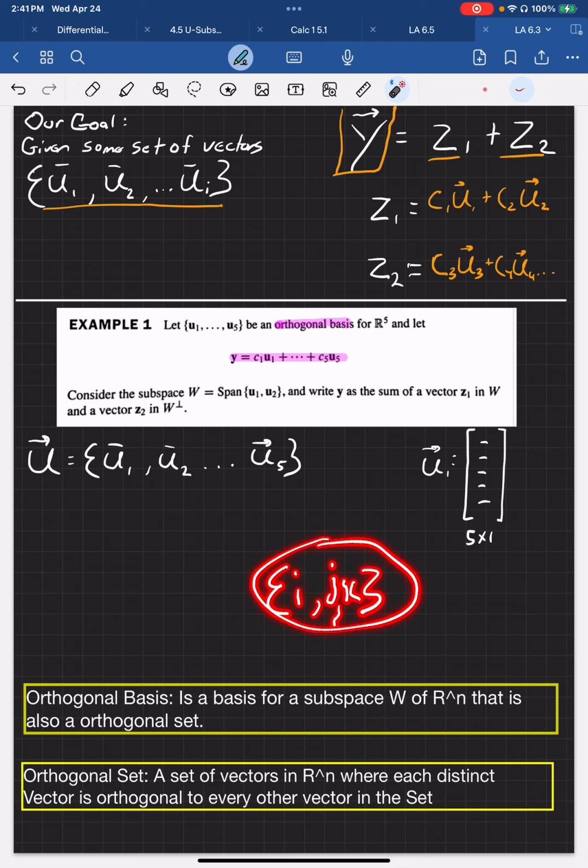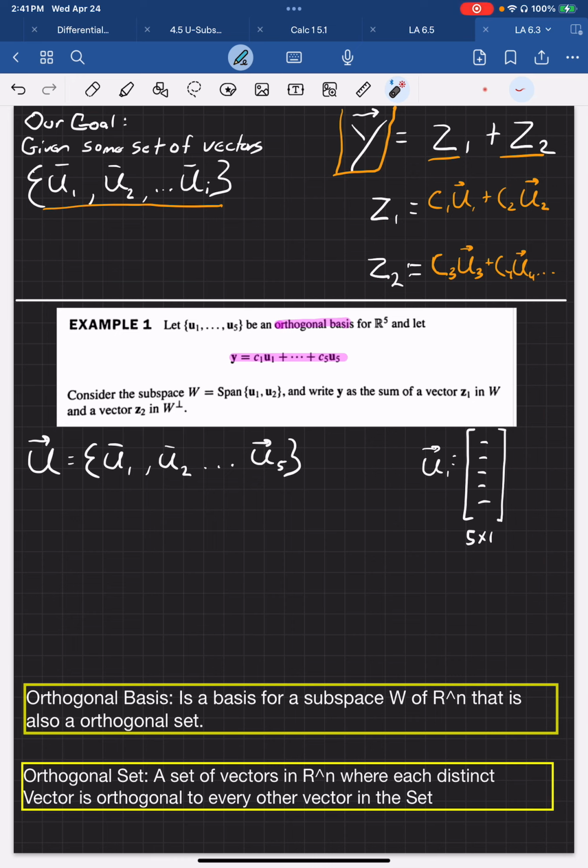That is an orthogonal set because I is perpendicular to J, I is perpendicular to K, K is perpendicular to J. Does that make sense? So every vector is orthogonal, perpendicular, to every other vector in the set.